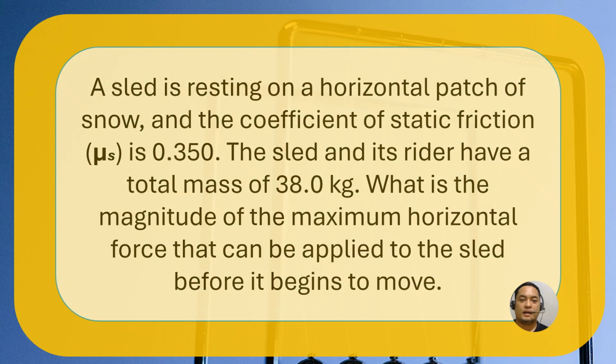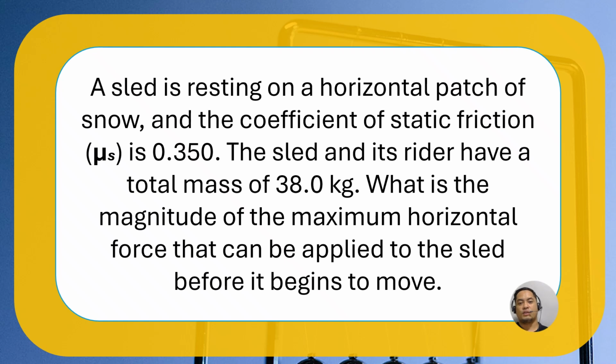Another problem: a sled is resting on a horizontal patch of snow and the coefficient of static friction is 0.350. The sled and its rider have a total mass of 38 kilogram. What is the magnitude of the maximum horizontal applied force that can be applied before the sled will move?